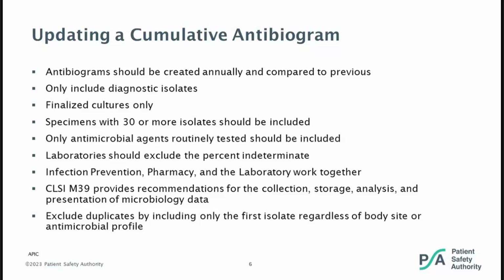So the laboratory usually has a set number or specific antibiotics that they're testing with organisms, and the routine ones should be included in your antibiogram. The laboratory should exclude the percent indeterminate. So on your susceptibility patterns, the ones that are indeterminate should not be used to create your antibiogram.